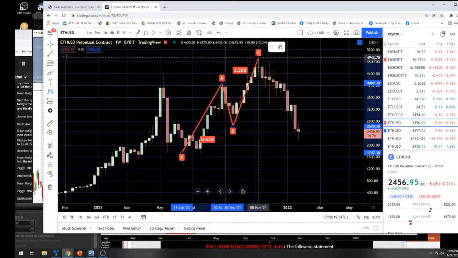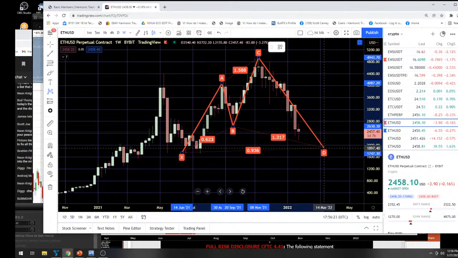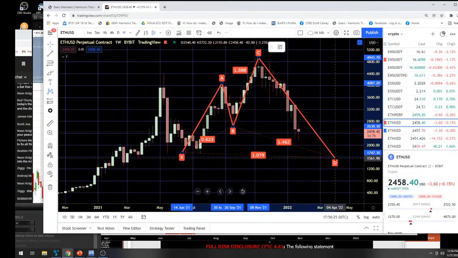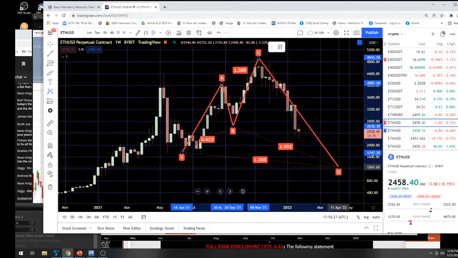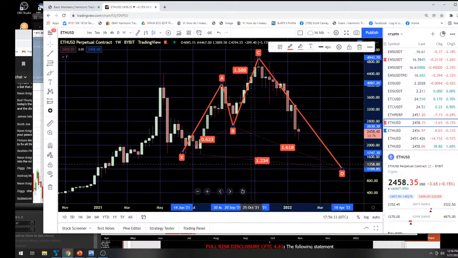Why? Because your C point gives you a long segment, where if it was a shark, well, you would need a minimum 1618, which is all the way down here, 1200, and your XA is a 1234. That's not really a number, but it's beyond a 113.